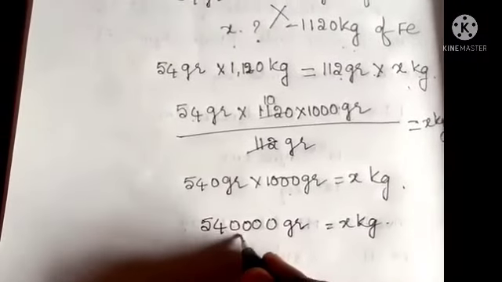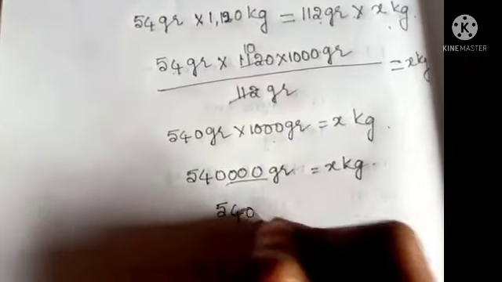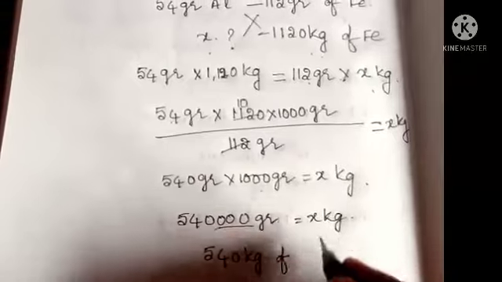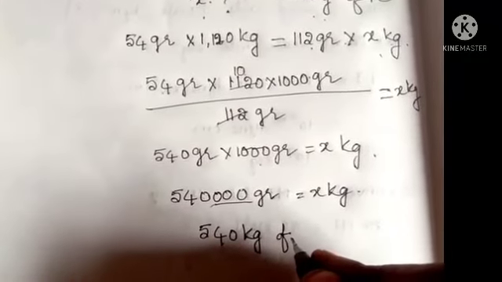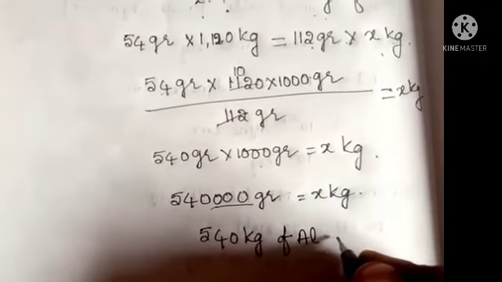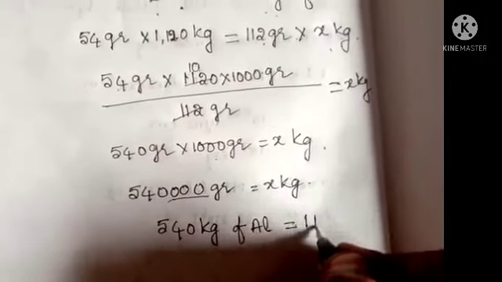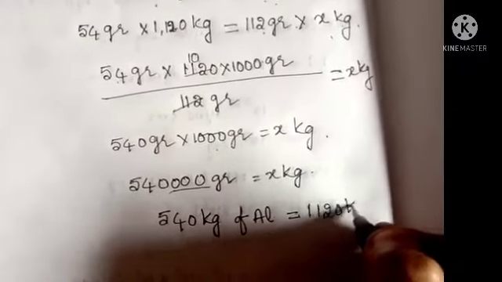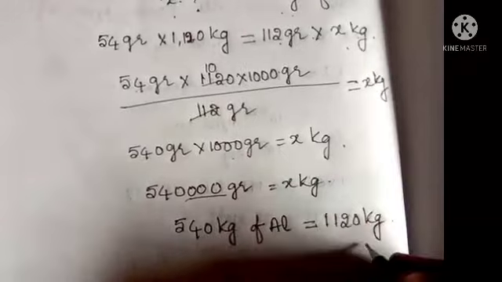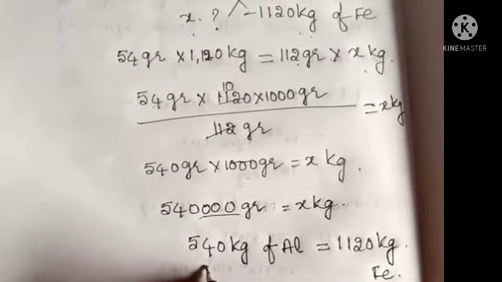Grams converted into kg: 540 kg of aluminium. The required value of ferrous is 1120 kg. This is the ferrous value, and this is the aluminium value.